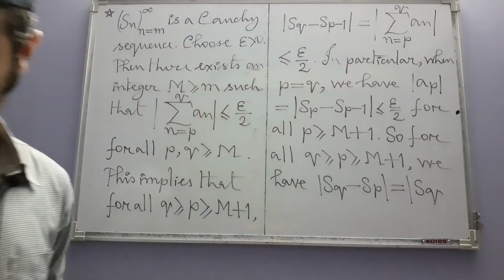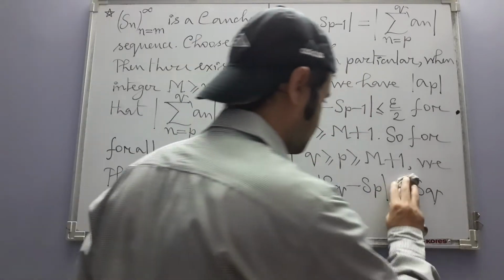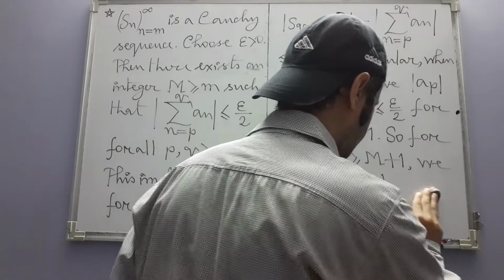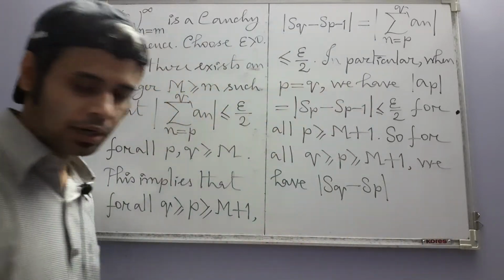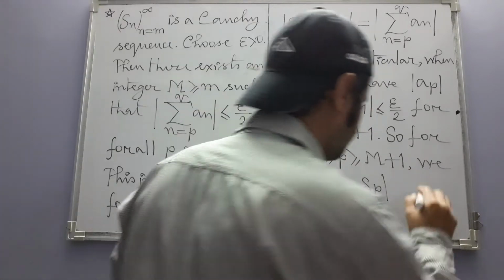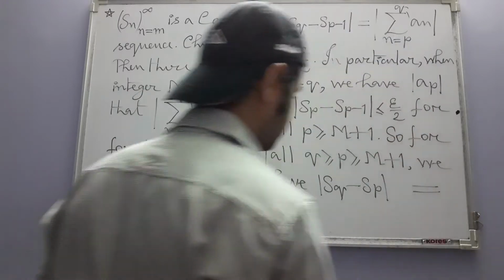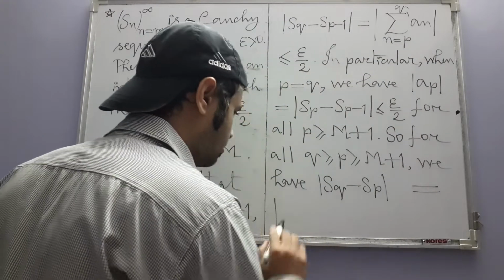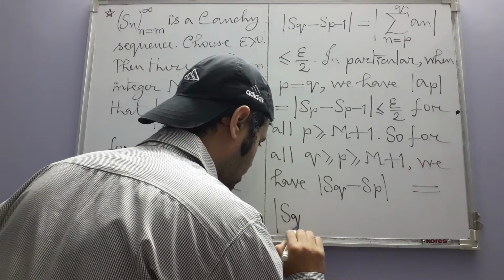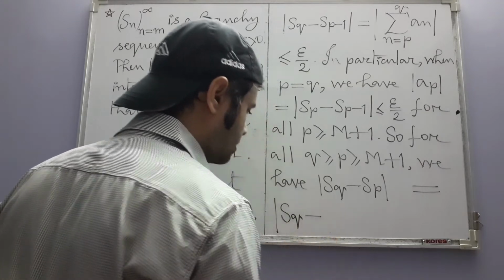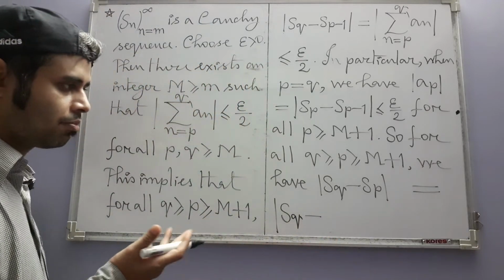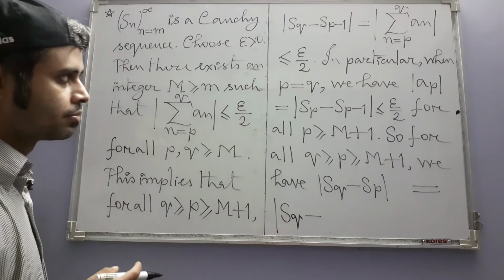It does not feel right to write the modulus separately, one part here and one part there. This is equal to SQ minus, by the definition of the partial sum, SP.